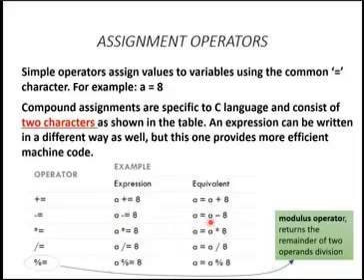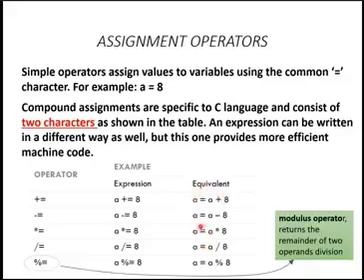Whenever you write a program, you need to declare the initial value of your variable. For this case, the initial value is not declared, so right now we just assign A equal to 8. So we know that A is equal to 8.